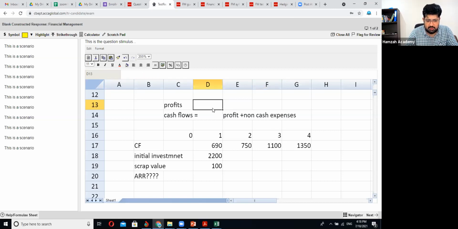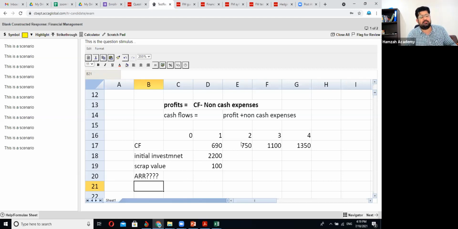Just see here, these formulas you need not write in exam. You just need to apply. So can you tell me how much is the non-cash expense here? Anyone who can guess?